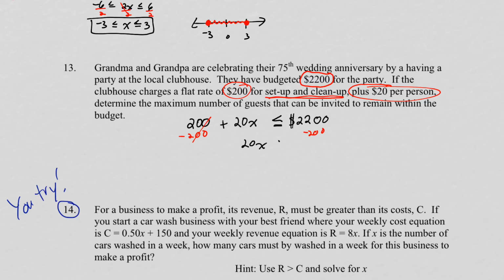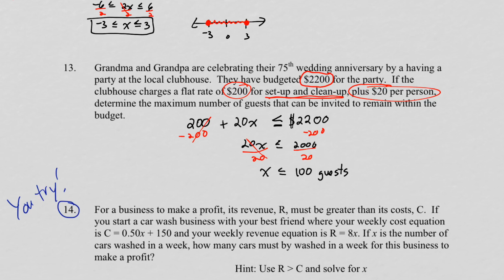And we get $2,000 to work with after that fee, and then we divide by 20 to see how many people we can invite to stay within our budget, and that's going to be 100 guests. So that's your max.